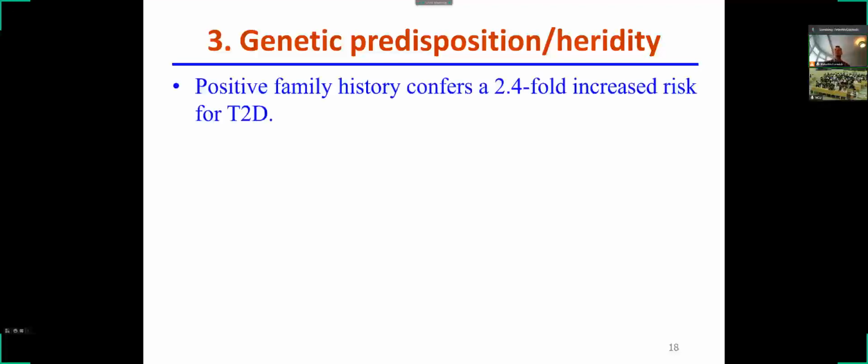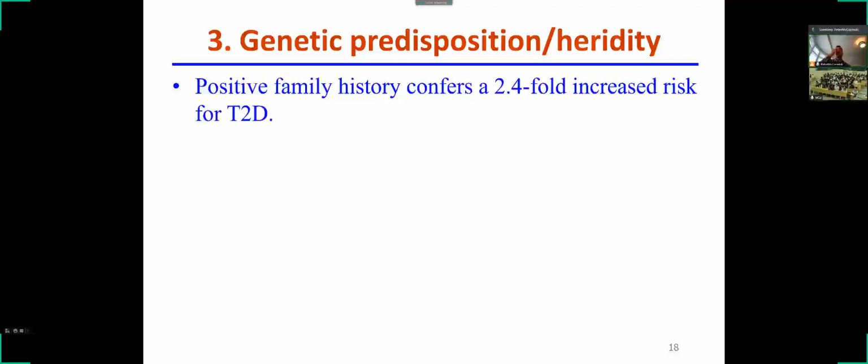So what about the people, remember I mentioned there is a small portion of the population which have a genetic predisposition for type 2 diabetes. So what is the percentage of this?